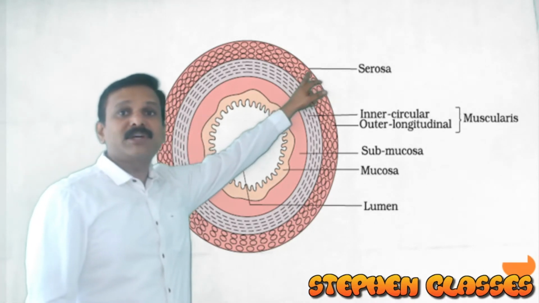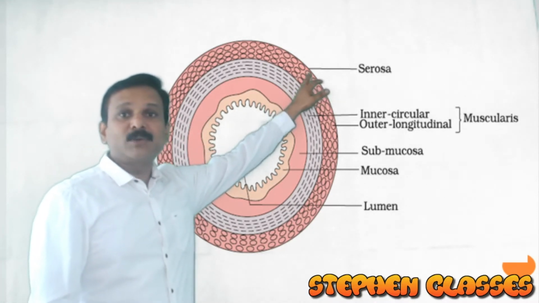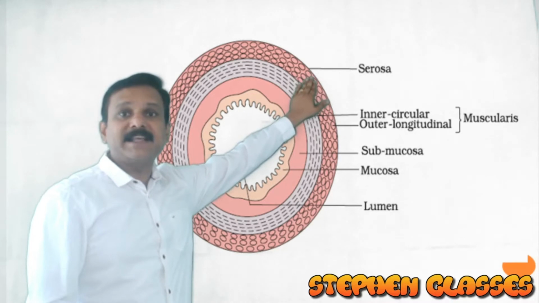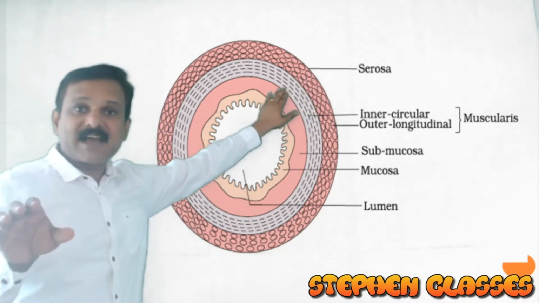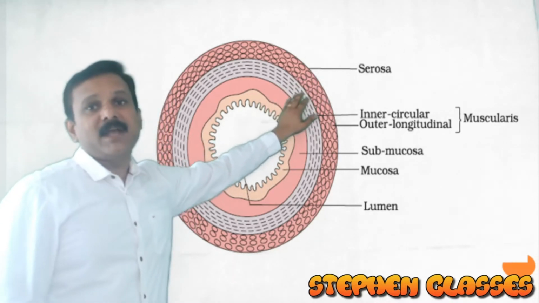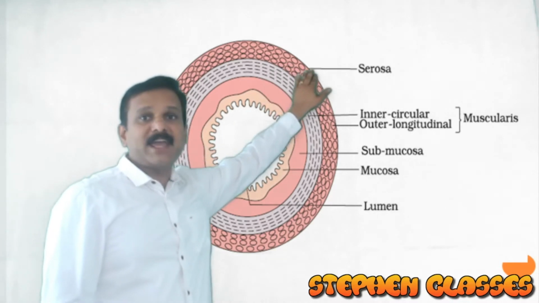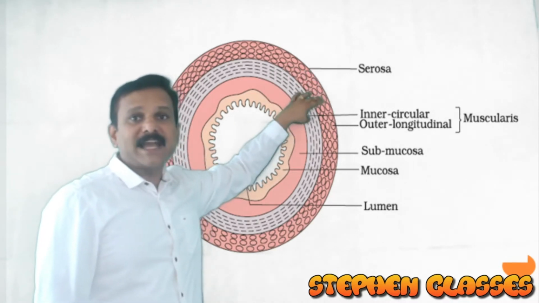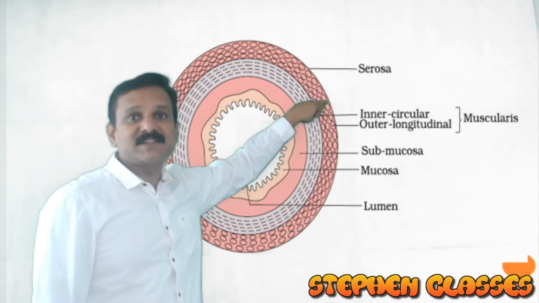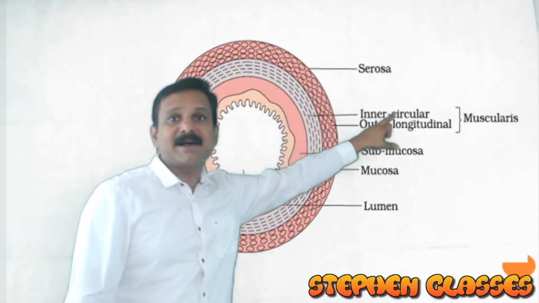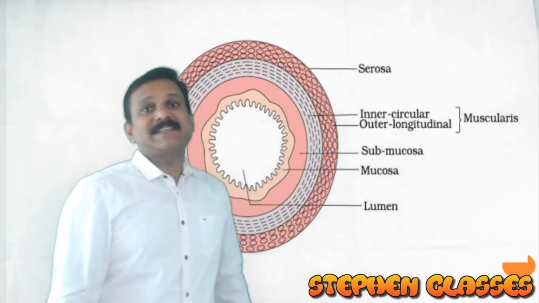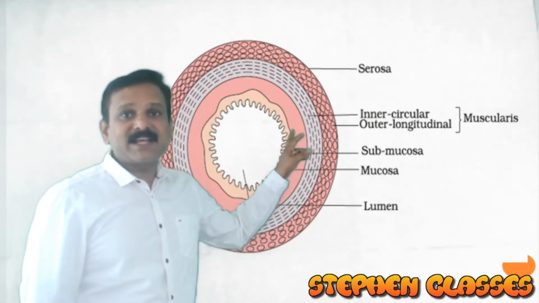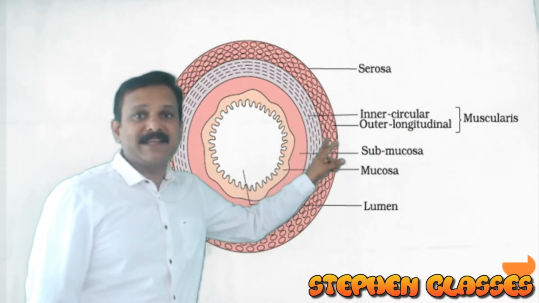You can see the outermost serosa. The outermost layer of the human alimentary canal is called serosa, and it has a thin mesothelium and some connective tissue. Now inner to that, these two portions all together we call the muscularis externa. Muscularis externa has smooth muscles in it.